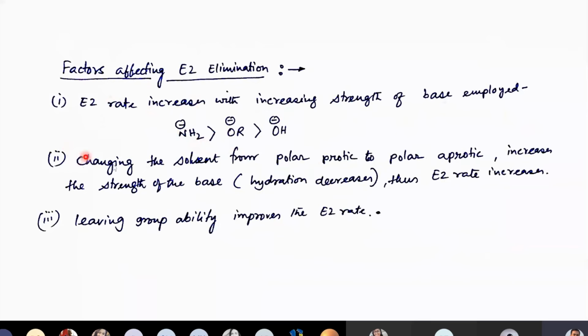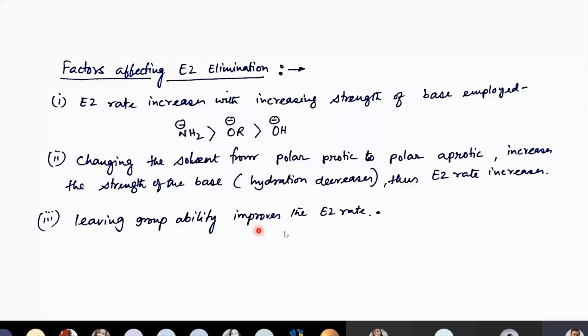The second point is, if you change the solvent from polar protic to polar aprotic, what will happen? In a polar aprotic solvent, the base strength will increase because the hydration will decrease. The base will not be hydrated anymore, so its basic strength will be high. So then your E2 elimination rate will increase.